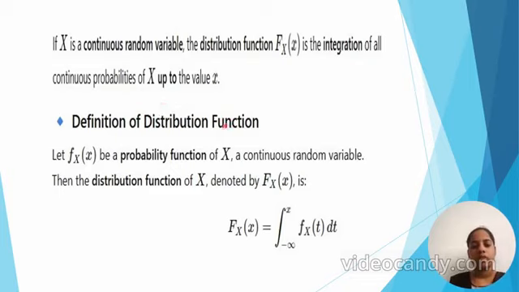Definition: let f_X of x be the probability density function of the continuous random variable X. The distribution function of X, denoted by F_X of x, is the integral from minus infinity to x of f_X of t dt. This is the formula for the continuous probability distribution function.